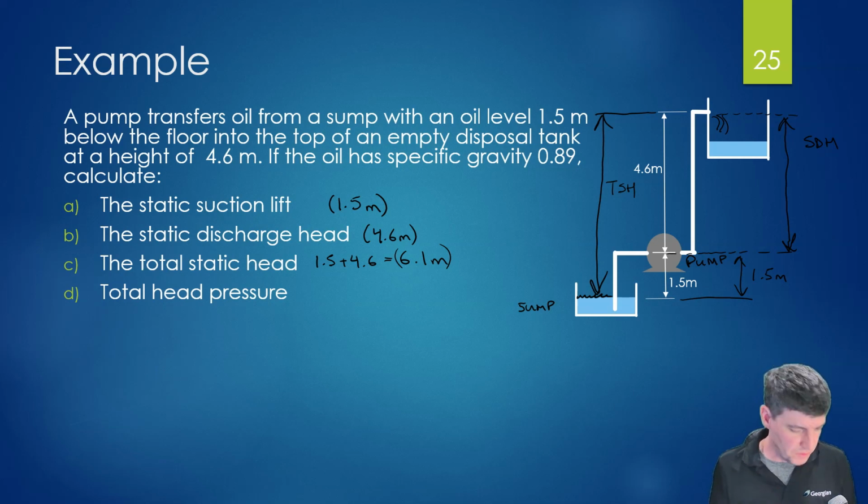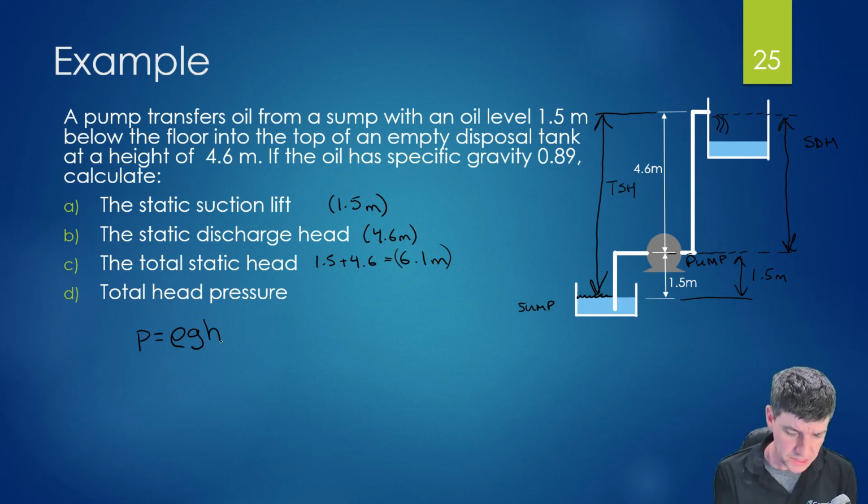We have one other thing we could find, if we were interested. How much head pressure do we have? The total static head is one measurement, but if we wanted to measure it instead of in head in meters, how much pressure is it worth? We know that pressure is equal to rho times g times h.